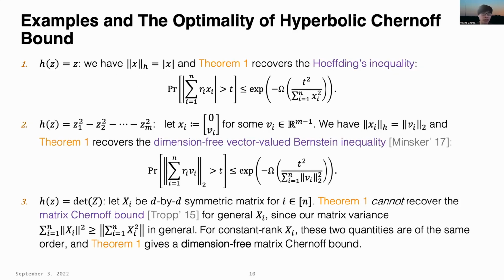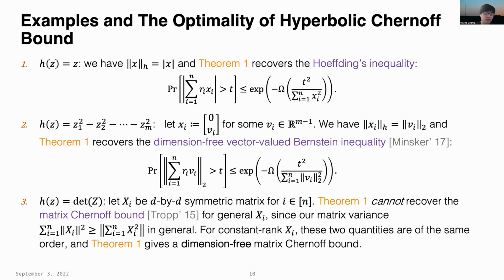Let's consider some particular hyperbolic polynomials. First, if h(z) is just z, the simplest univariate hyperbolic polynomial, then the hyperbolic norm of x is just the absolute value of x. Then Theorem 1 just recovers Hoeffding's inequality, and Theorem 1 is optimal in this case.